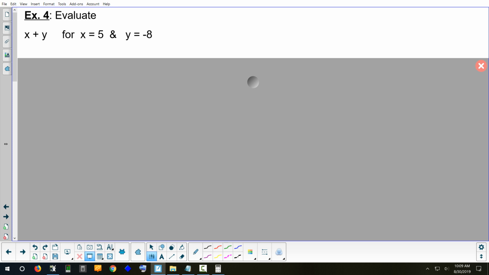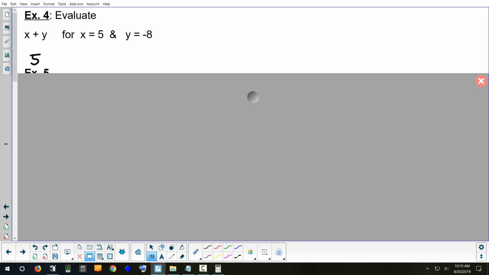How many variables do we have here? 2. X and Y. What do they want me to plug in for X? 5. What do they want me to plug in for Y? Negative 8. Now, is there anything else that I need to put there? Parentheses. The addition sign.